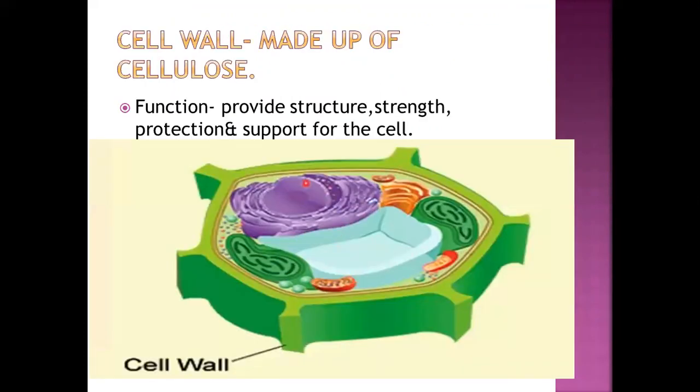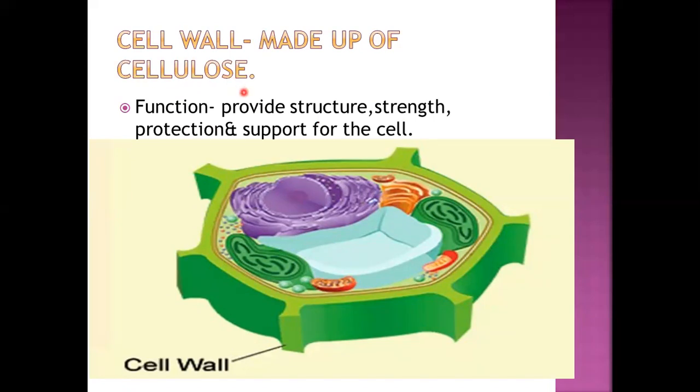And then let us see what is cell wall. Only the plant cells have the cell wall. And besides this, microbes like bacteria and fungi also have cell wall. In plants, the cell wall is made up of a chemical called cellulose. Main component of the cell wall is cellulose.